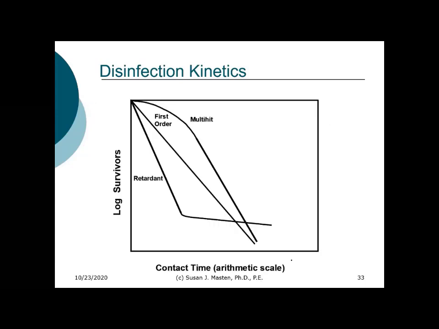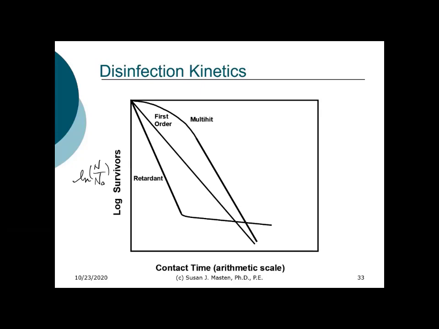This is a plot of the log, so we could do log of N over N naught, the number of organisms at any time divided by the initial number of organisms, and the natural log of that, or the log base 10, either works.